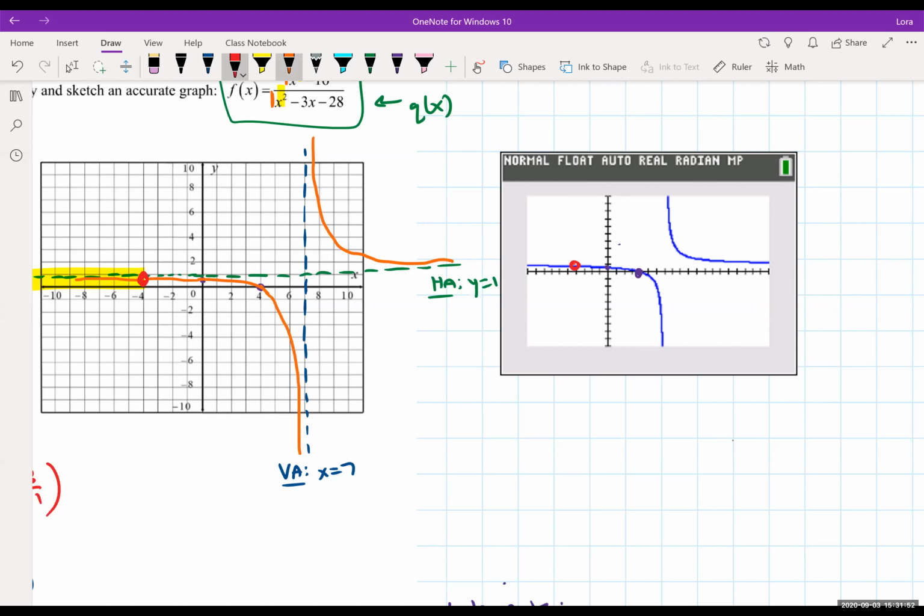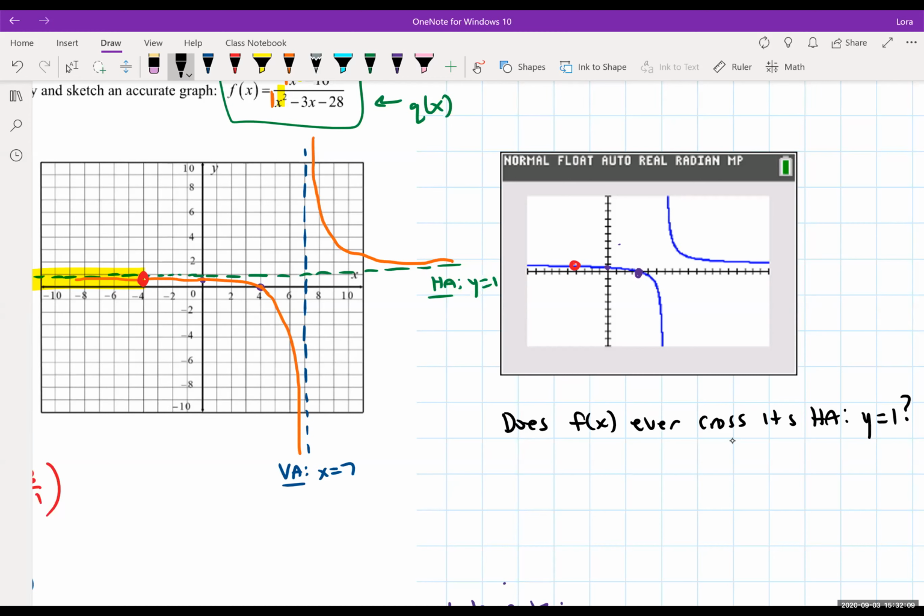Okay, so one last question for us. Does our graph ever cross its horizontal asymptote, and the horizontal asymptote is y equals 1?